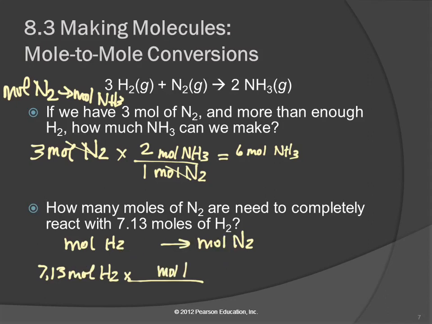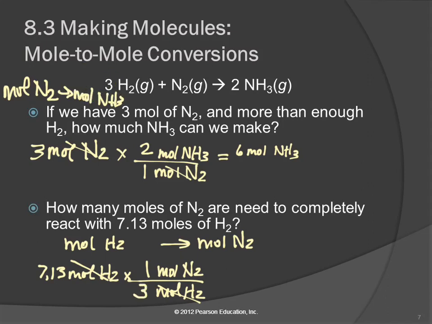So moles of nitrogen on the top. And then I'm going to take this unit and put it in the denominator. This is the same pattern we learned back at the beginning of the semester. I get my units in. Then I go to the balanced chemical equation. We're still dealing with this same one. In front of nitrogen is an unwritten number 1. And in front of hydrogen is a number 3.